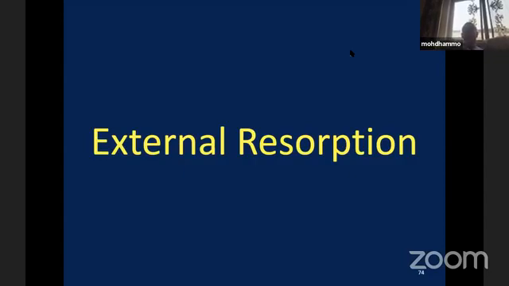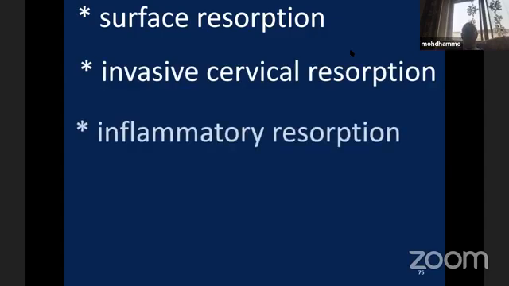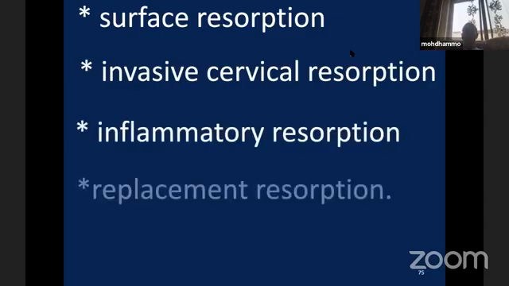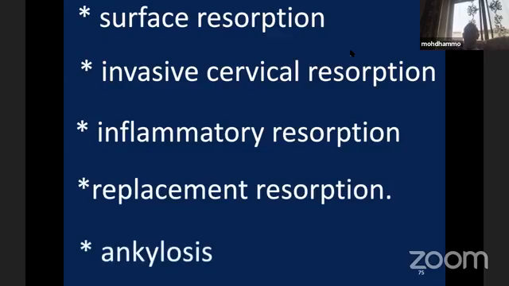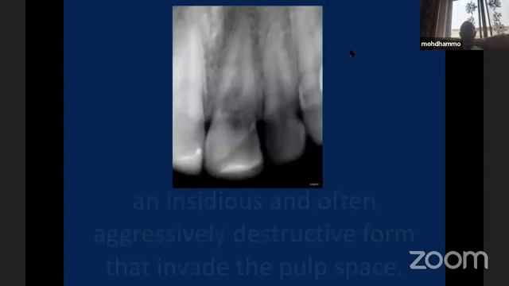And let's go to the second part, which is external resorption. Regarding external resorption, we have several types, like surface resorption, invasive cervical resorption, inflammatory resorption, replacement resorption, and ankylosis. So let's see the first type of external resorption, which is invasive cervical resorption.